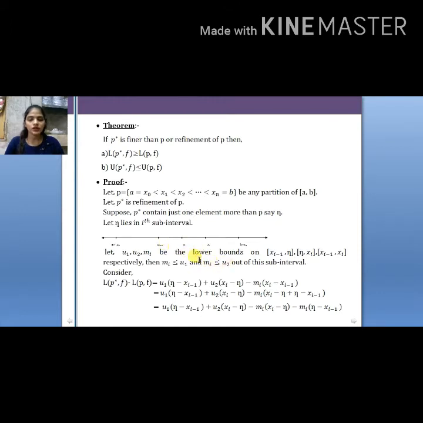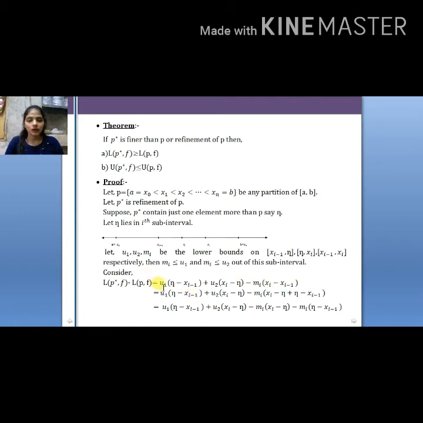Obviously, consider LP star f minus LPF. We have to prove first that LP star f is greater than or equal to LPF, so we consider LP star f minus LPF, which is equal to u1 into (eta minus x_{i-1}) plus u2 into (x_i minus eta) minus mi into (x_i minus x_{i-1}).